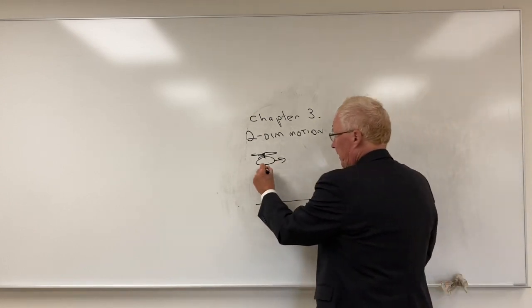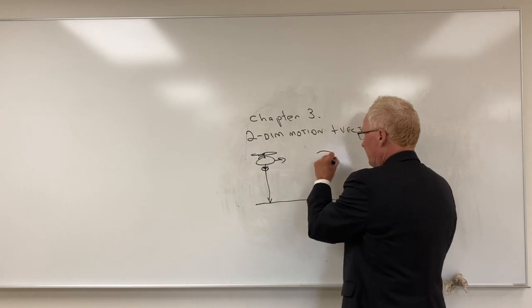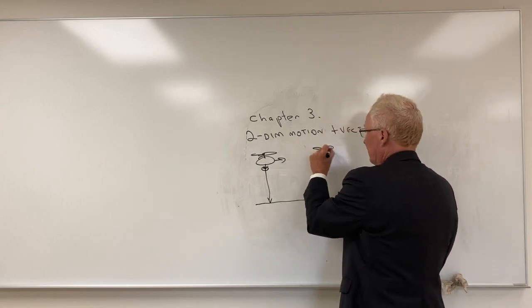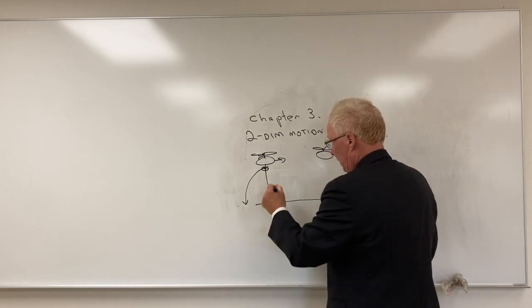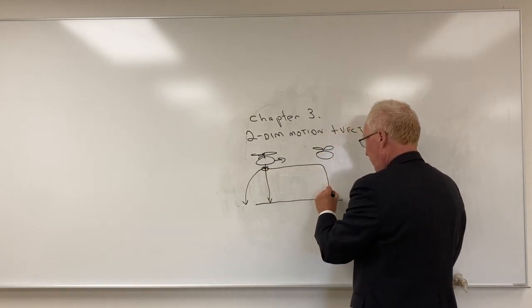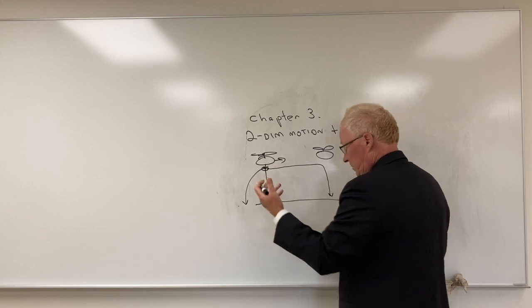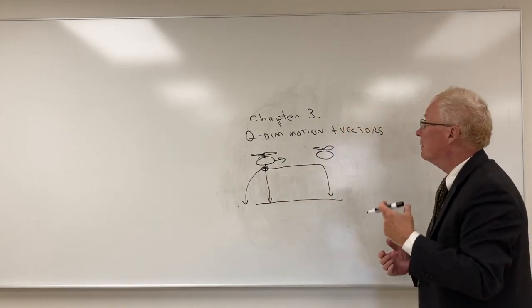Does it go straight down as the helicopter moves on? Does it go backwards because of wind resistance? Does it go for a while and then fall? Or does it take some other kind of path?